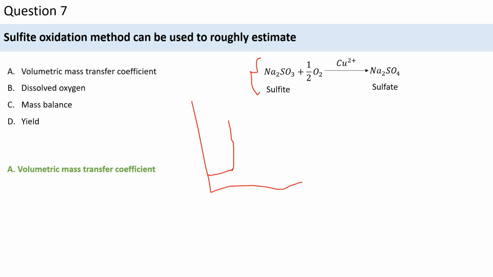You can't cultivate cells in it, so you can't mimic a normal process. In the fermentation broth you will have 600, 700 OD. Can you mimic the same in the sulfite solution? Will the cells even survive? That's why these methods are not used currently. This is how the process was started at first.